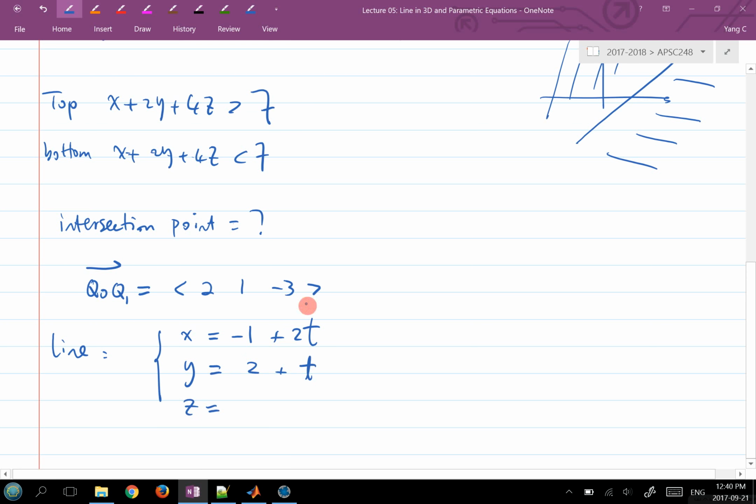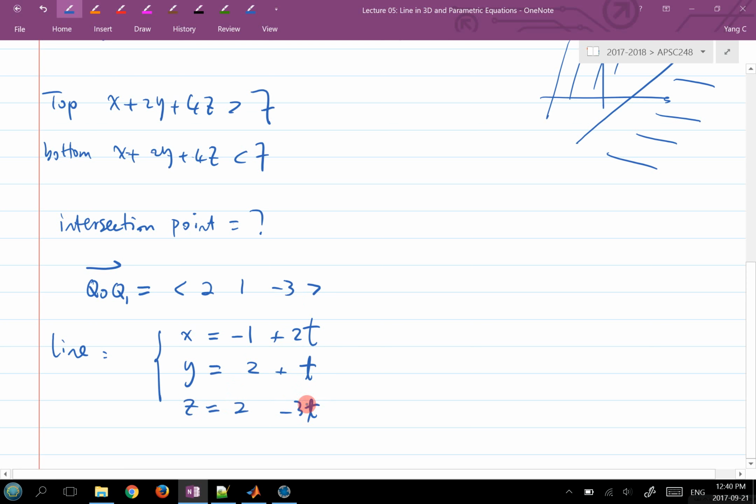And z will be 2 again plus, not plus, it's negative 3 times t. So this will be the line equation passing through the Q0 and the Q1. So far so good?